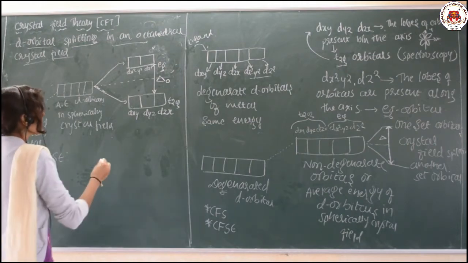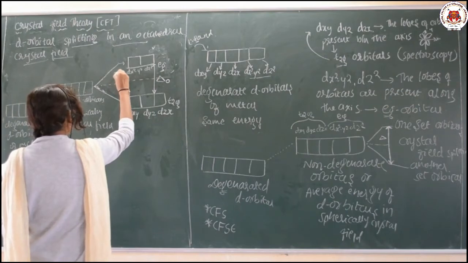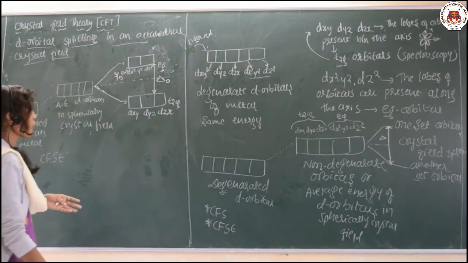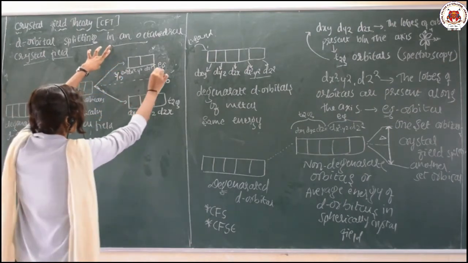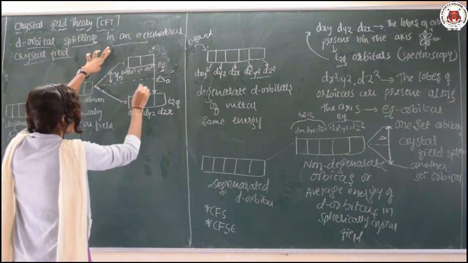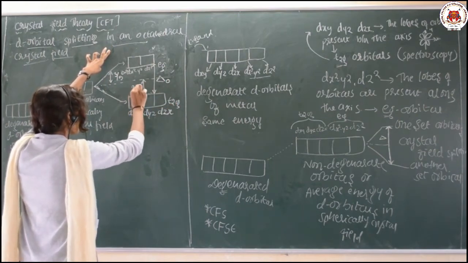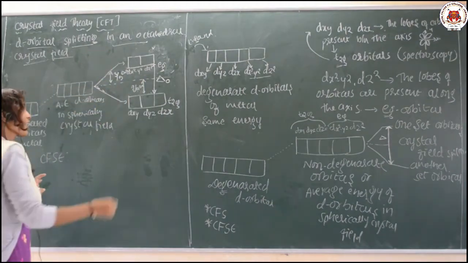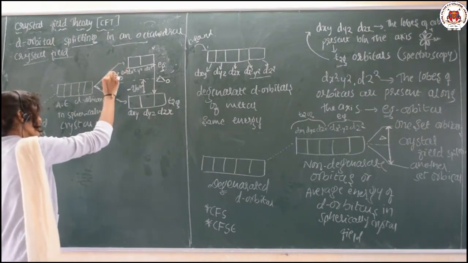The energy of Eg will be 3/5 delta naught, up to this level. And for T2g, the crystal field energy is 2/5 delta naught, and here it is decreasing, so we take the minus sign, while there it is increasing, so we take the plus sign.